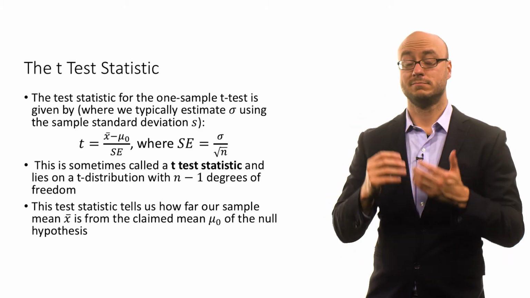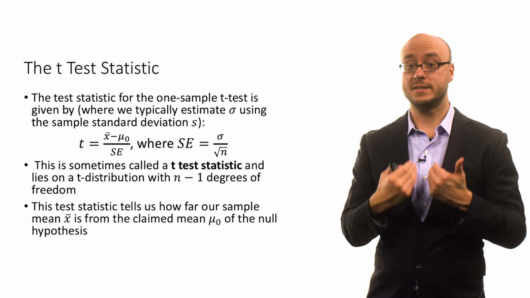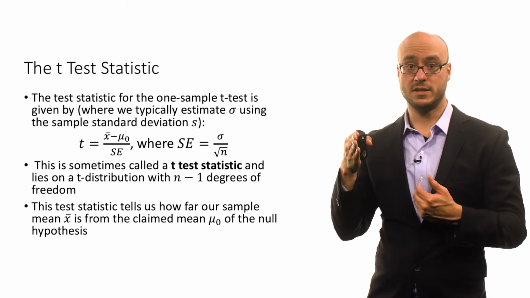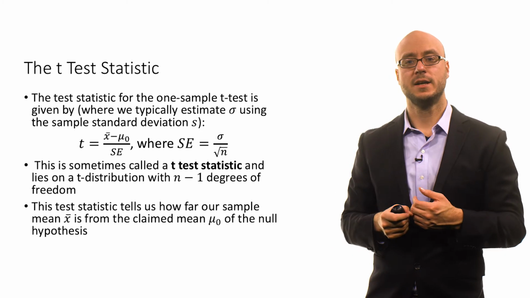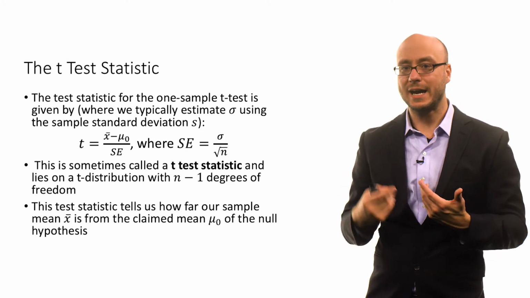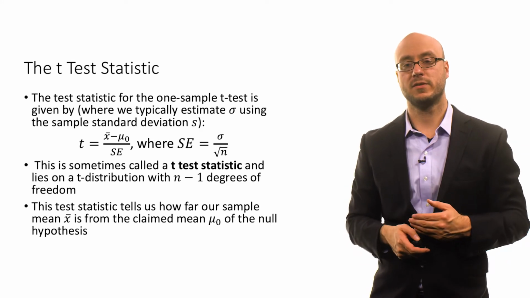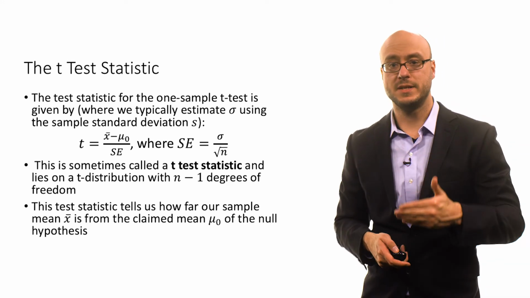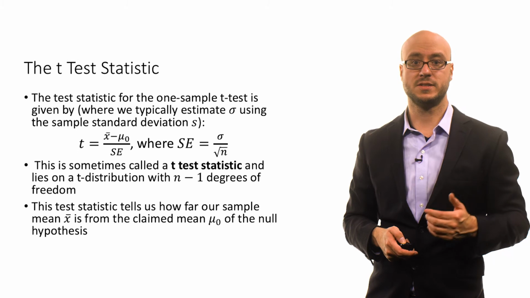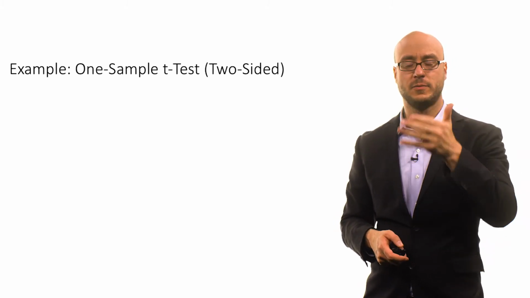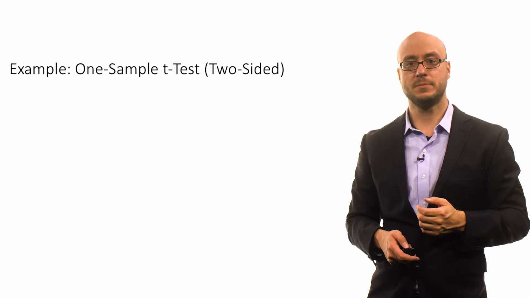If it's really unlikely we obtain the sample mean, given that assumption, then we probably should reject that null hypothesis. That's the basic idea of inferential statistics, and that's the basic idea of the t-test statistic as well as the z-test statistic.